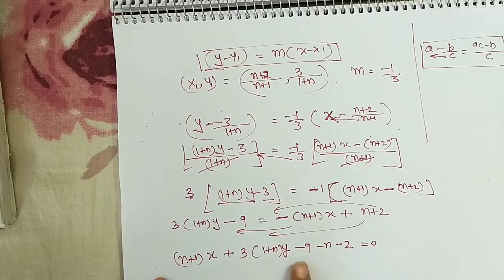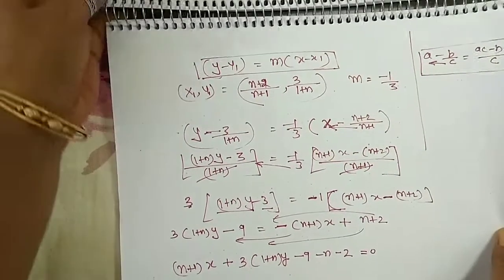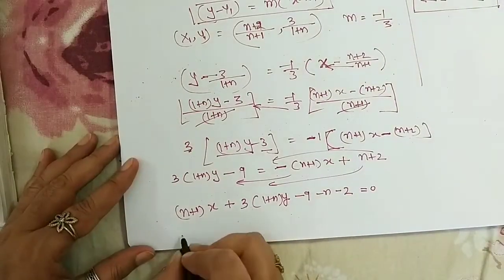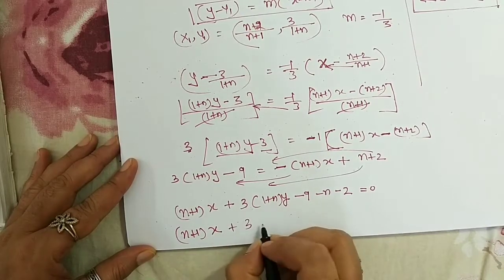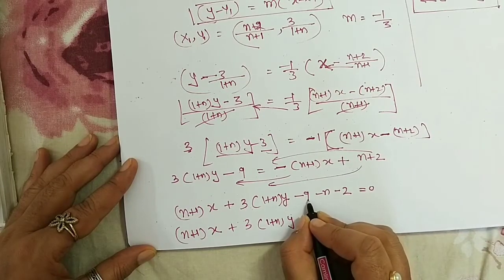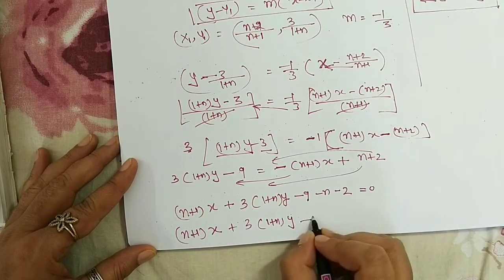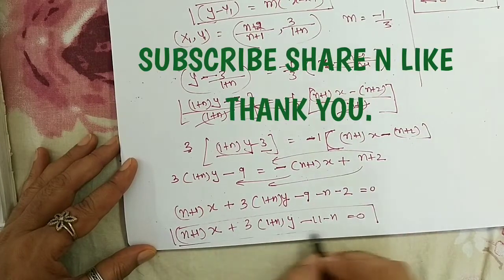So you can leave it here or you can simplify it a little bit further. So let me try, guys. I can write n plus 1 x plus 3 into 1 plus n y. Minus 9 and minus 2 is minus 11, minus n is equal to 0. This is my final equation.